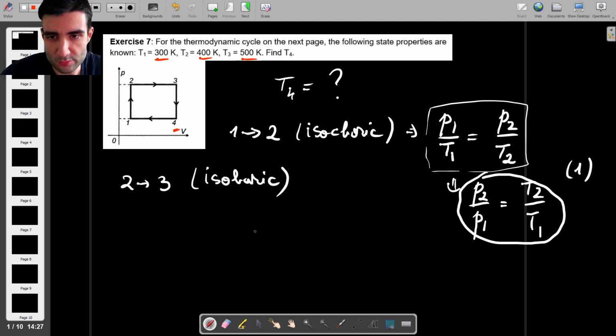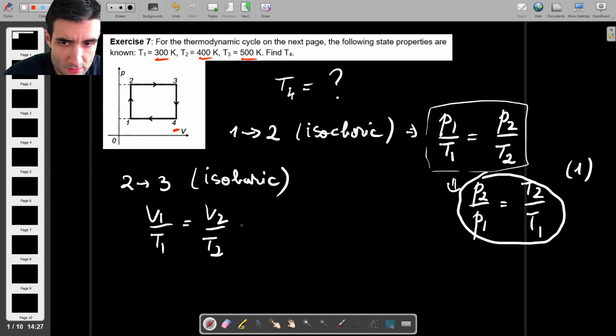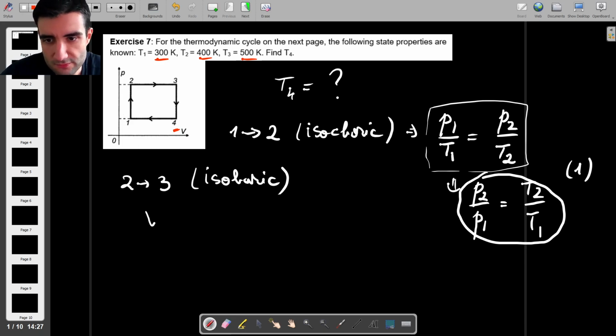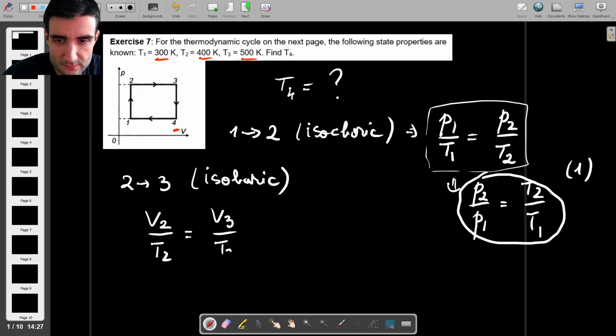The relationship, of course, is V2 over T2 is equal to V3 over T3, which means that V3 over V2 is equal to T3 over T2.